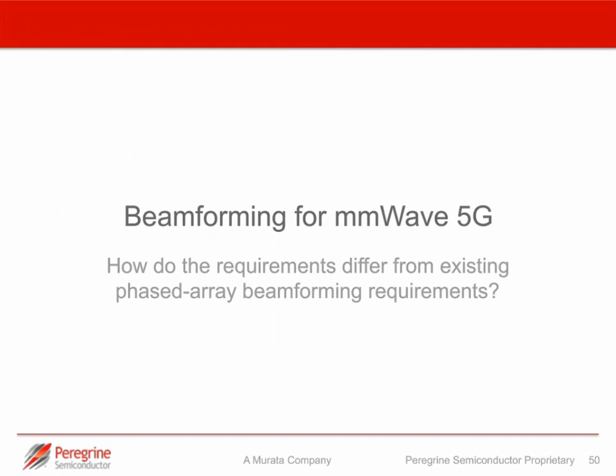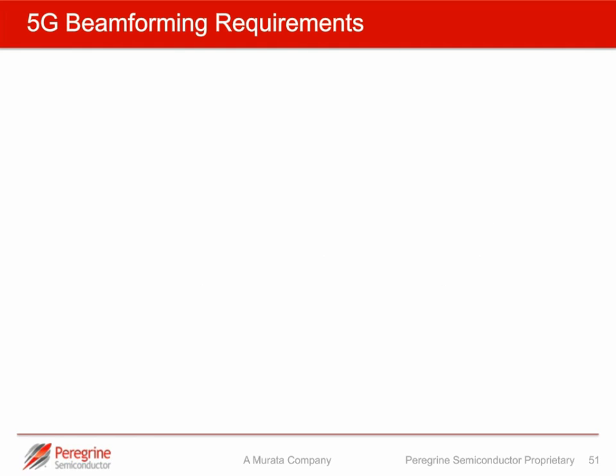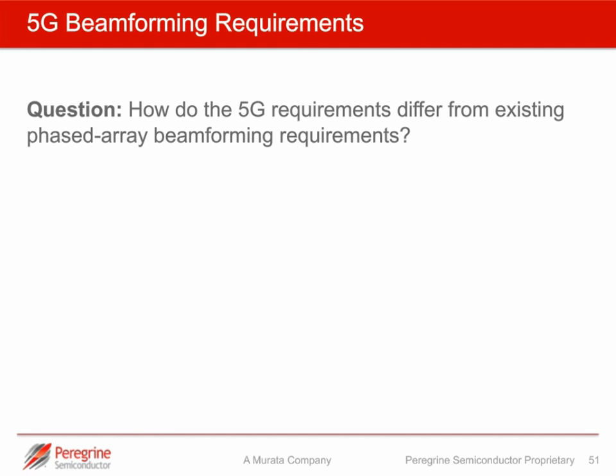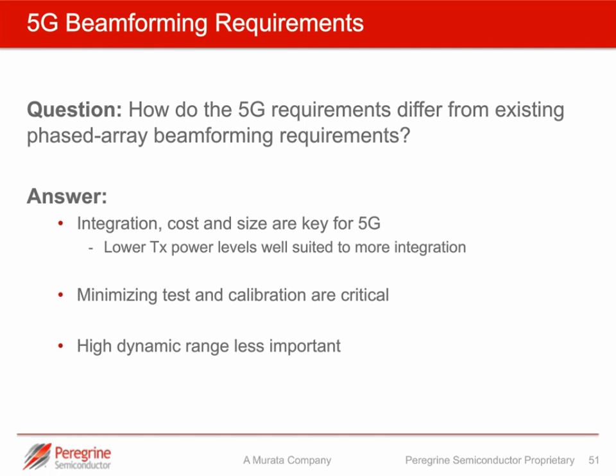So we talked about phased array radar. How do the requirements differ for 5G millimeter wave type communication systems from phased array? And the answer to this question is integration, cost, size are key for 5G.